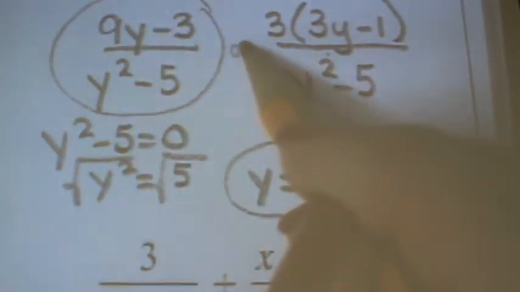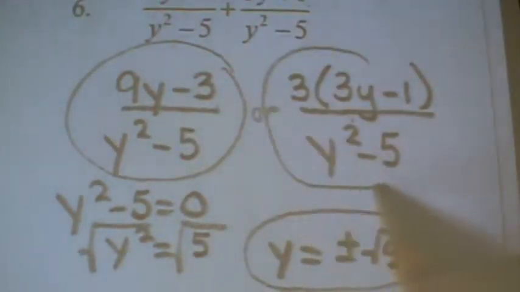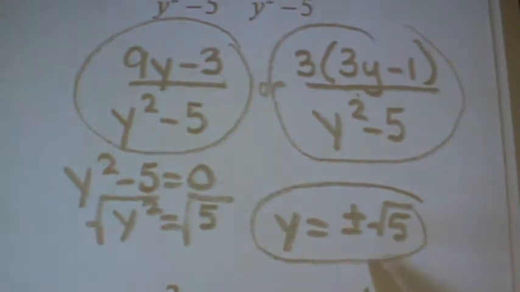So this is the answer, or you could leave it like this, but these are the two restrictions. So the restrictions are y cannot be square root of 5 or negative square root of 5.